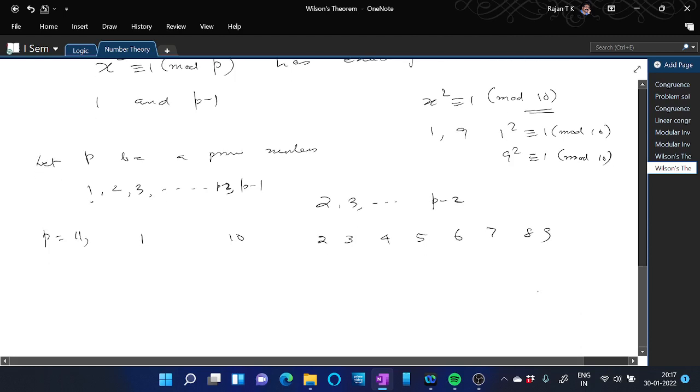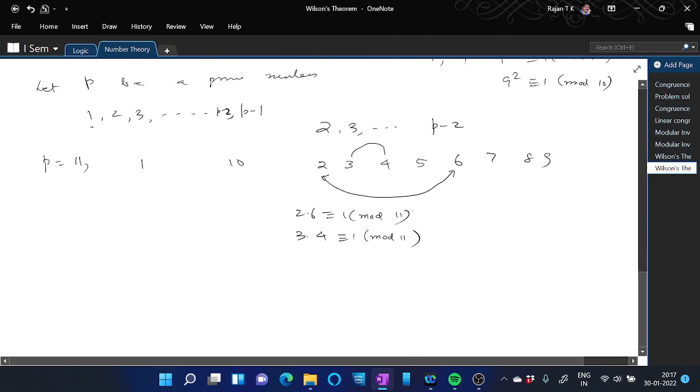They are such that 2 and 6 are inverses, because 2 into 6 is congruent to 1 mod 11. 3 and 4 are inverses, because 3 into 4 is congruent to 1 mod 11. 5 and 9 are inverses, because 5 into 9 is congruent to 1 mod 11. 7 and 8 are inverses, 7 into 8 is also congruent to 1 mod 11.